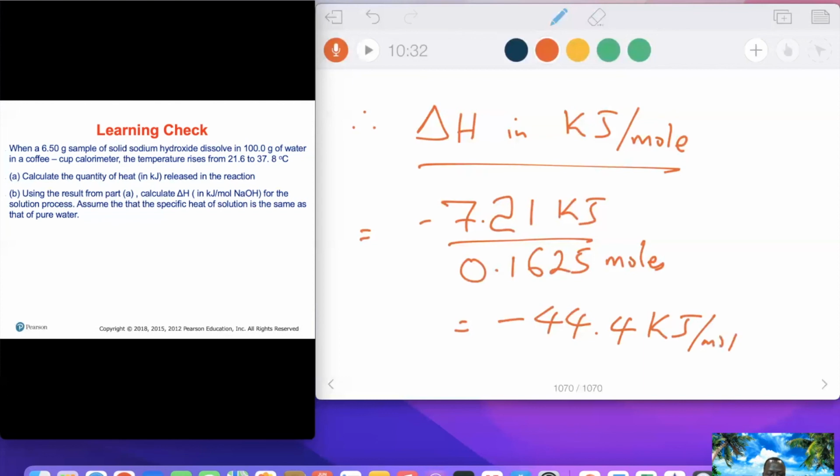It's negative because it's given off, released heat.